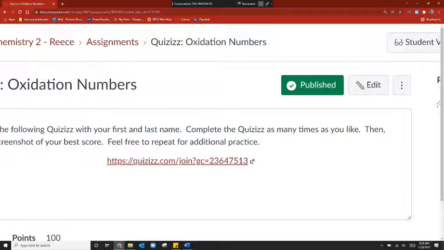The other thing you'll do when you finish that, you can do this independently or with your lab partner. This is where you'll use oxidation numbers in chemical reactions.